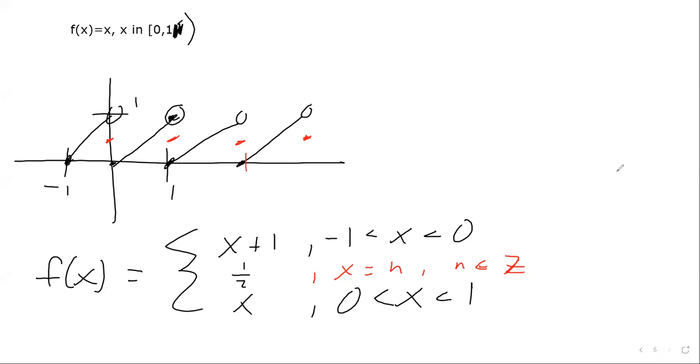So at 1, at 2, at 3, at 0, at -1. You don't have to list all of them. Although for this one, we're only worried about between 0 and 1. So 0 is included, 1 is not.